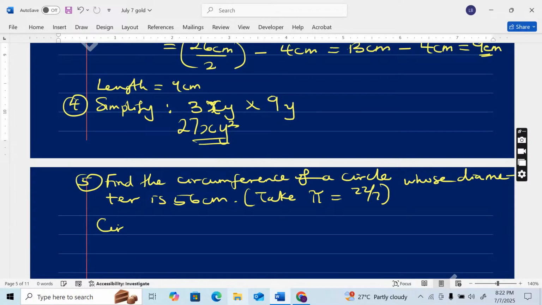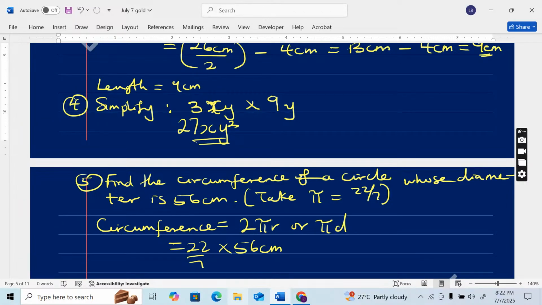So the formula for calculating circumference of a circle, circumference also means perimeter, is 2 pi r or pi d. You use 2 pi r when you're given the radius, then you use pi d when you're given the diameter. So we'll be using pi d. Pi is 22/7 times the diameter. Diameter is 56 centimeters.